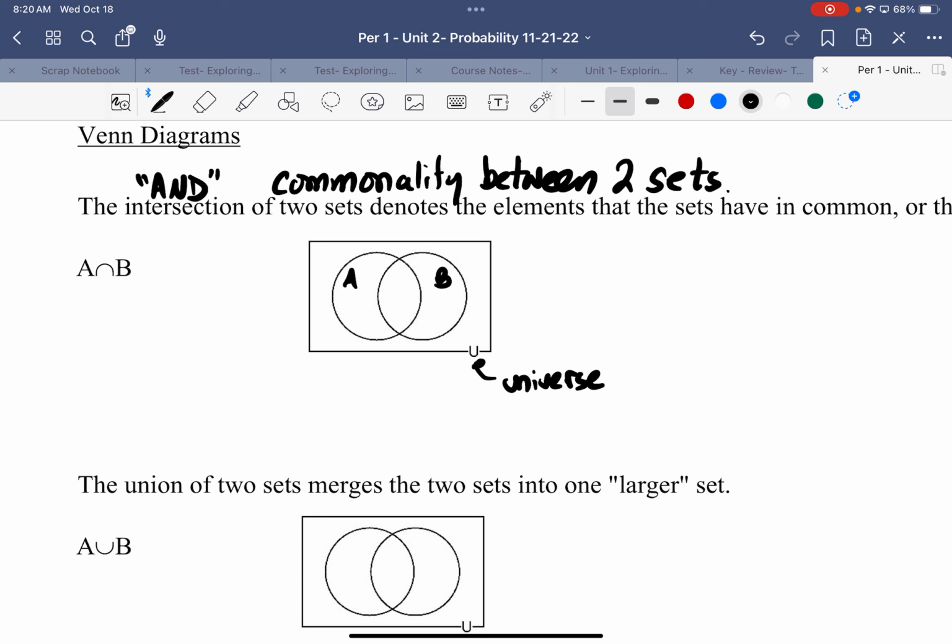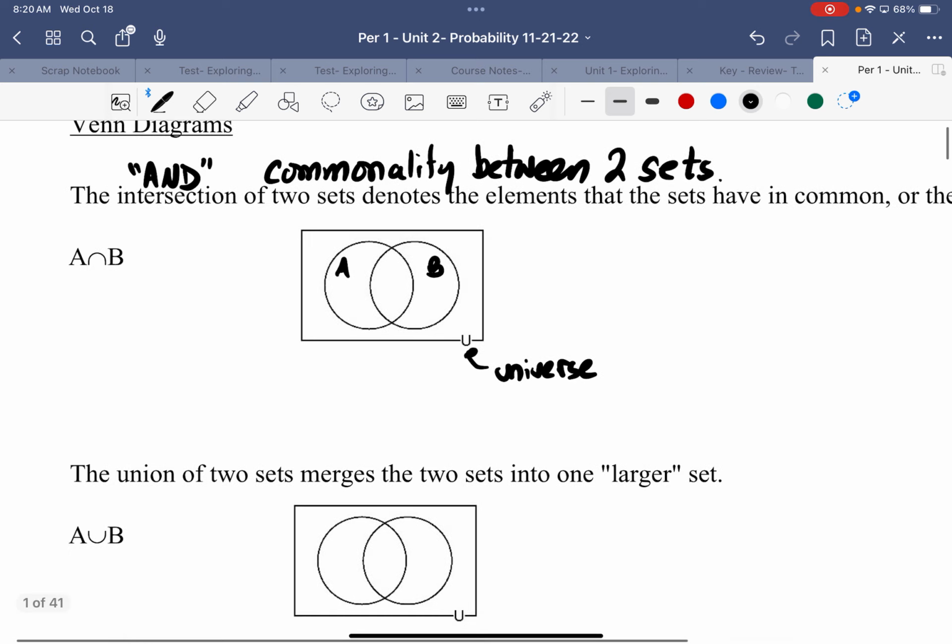Also known as a sample space. So in some Venn diagrams, you'll see U at the bottom right-hand corner. Some of them you'll see S. They're interchangeable. This is the set of all possible outcomes.